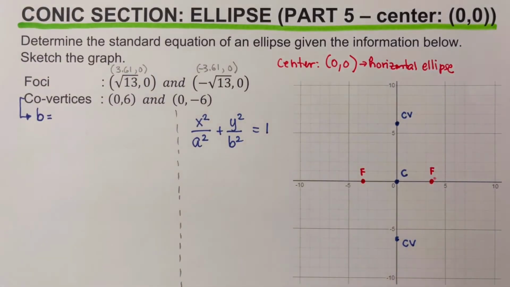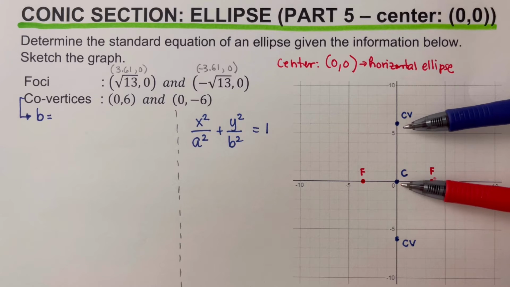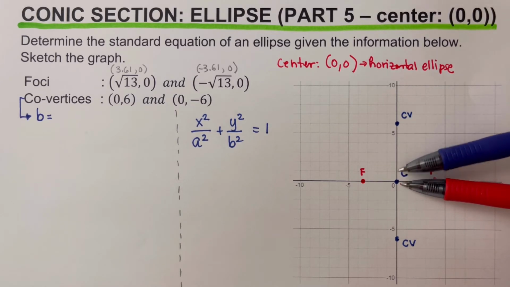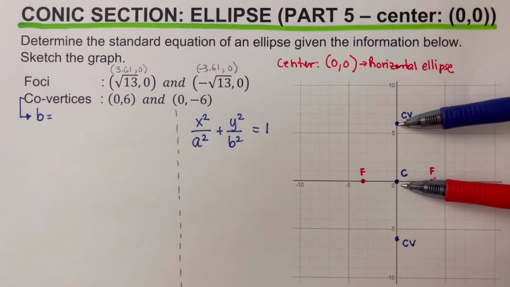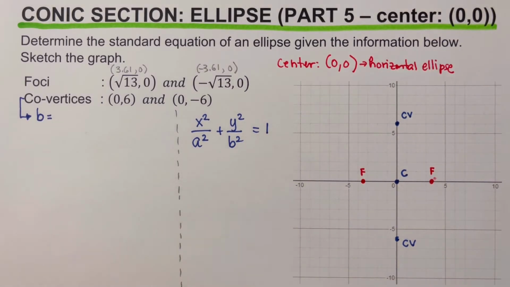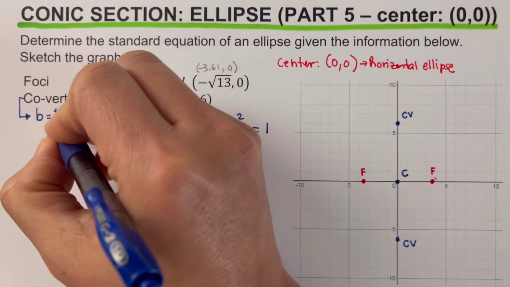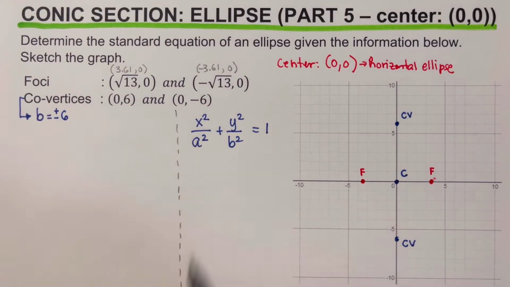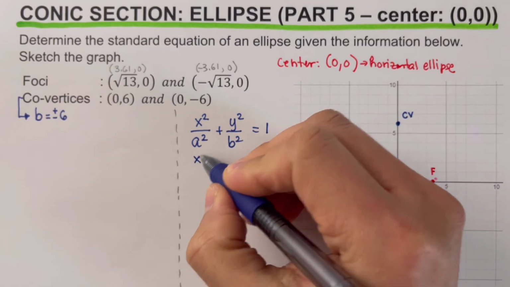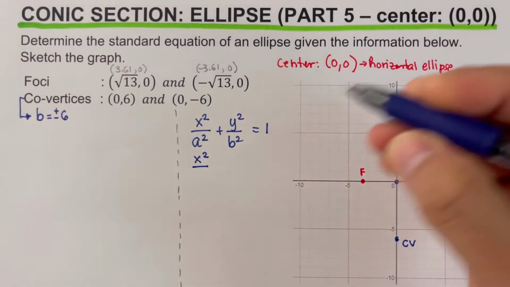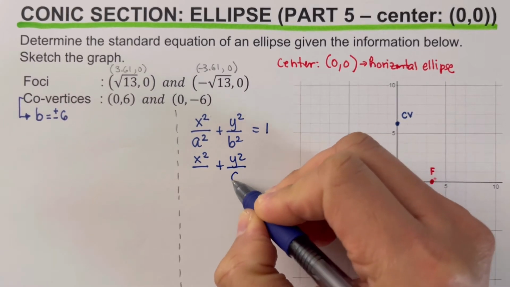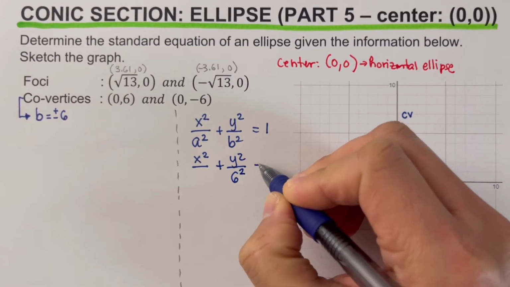And we can use the distance formula to determine the distance from the center to the co-vertex, or we can go ahead and count it. 1, 2, 3, 4, 5, 6. So that means our b value is 6. So plus minus 6. We already have a value for b, so we plug that in here. So that is x squared over, we don't have the a yet, plus y squared over our b is 6, we write 6 squared for that, is equal to 1.